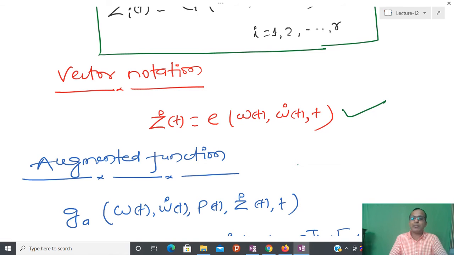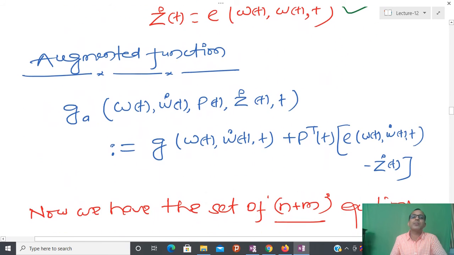And once I have a differential constraint, you are aware of how to solve the extremization problem. I have to again define the augmented function, and this time in the augmented function I have some kind of Lagrange multiplier.